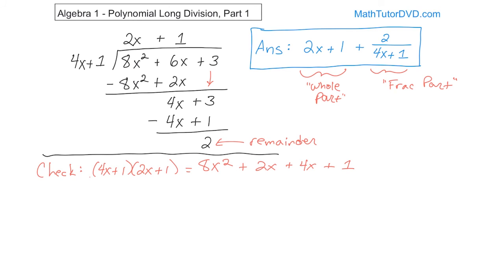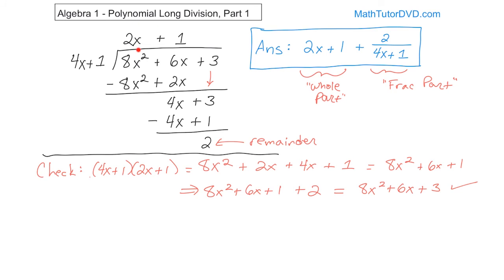And then we can obviously simplify this. It's 8x squared, 2 plus 4 is 6x, plus 1. Now that was just taking these and multiplying them together, right? But we still had a remainder we need to add in, just like we did for the numerical problem. So when you take this as 8x squared plus 6x plus 1, and then add the remainder of 2, what you get is 8x squared plus 6x plus 3, which is exactly what we started with in our problem.